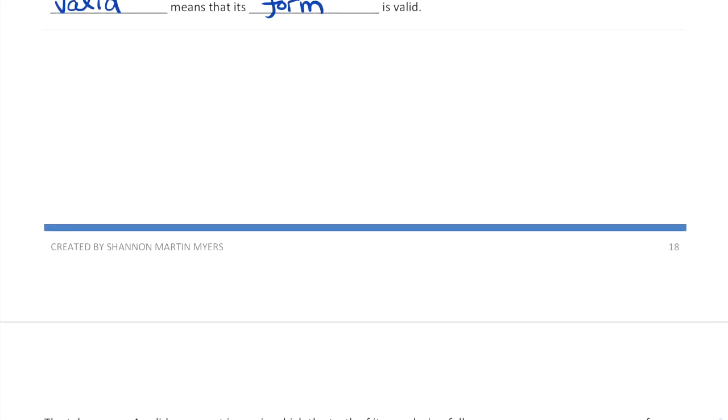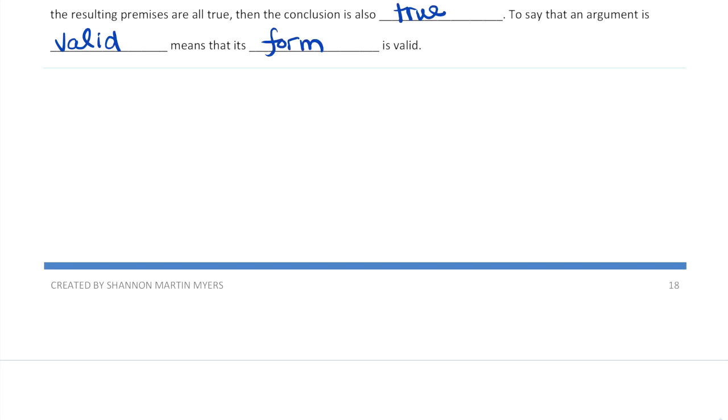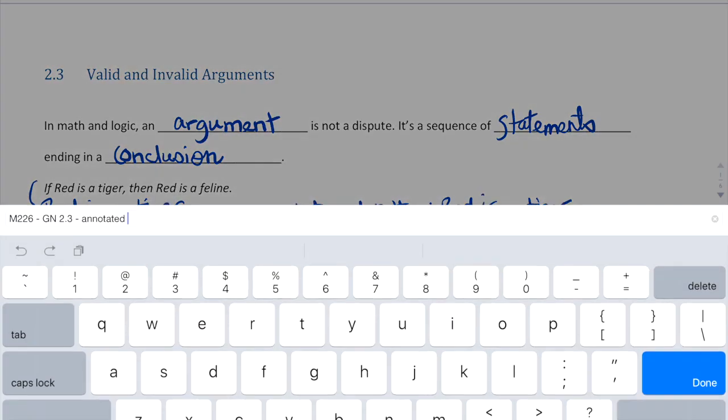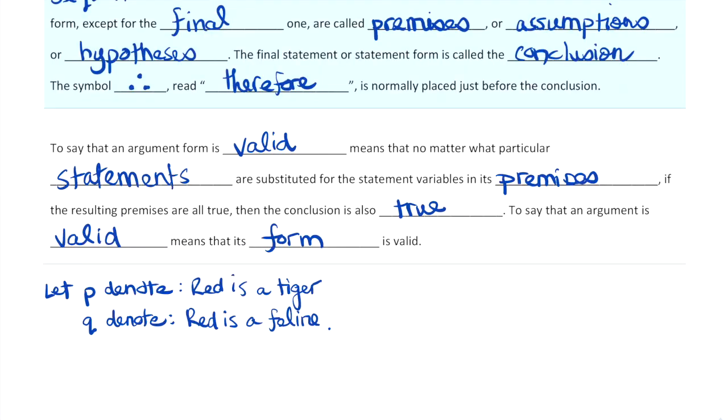All right, so from our example before, let's take a look at the truth table. Remember, we had this situation. Hang on, I'll just copy it. And recall our whole format: we had P implies Q, P, therefore, Q, right?